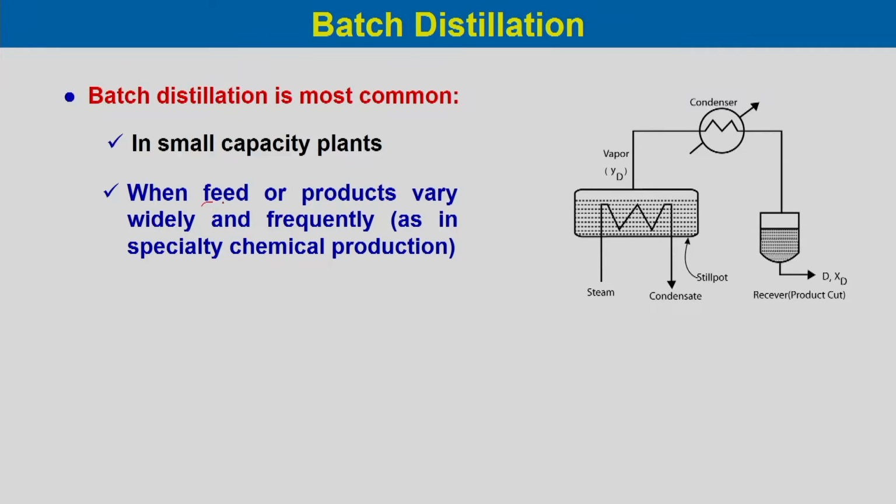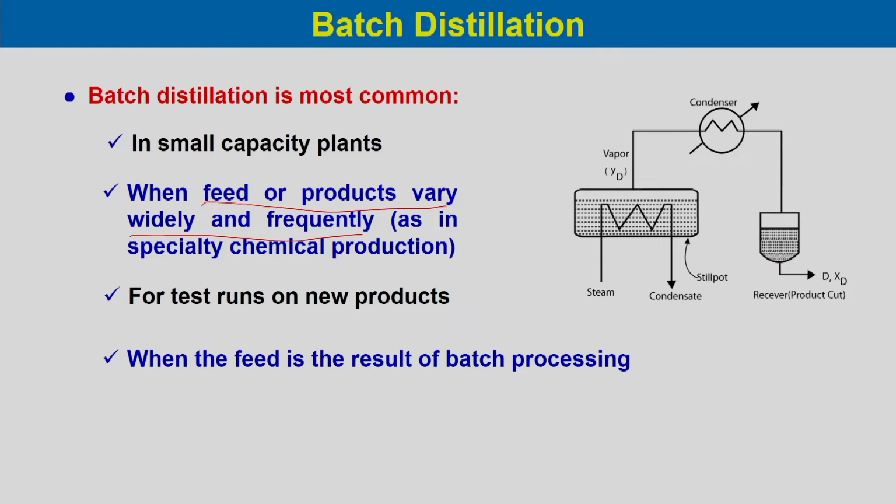So, when feed or products vary widely and frequently, batch distillation is preferred over continuous distillation. For test runs on new products, we generally use batch distillation. Before going to the continuous, large scale process, to test it before scale up, it is generally done as a test run for new products in a batch distillation column.